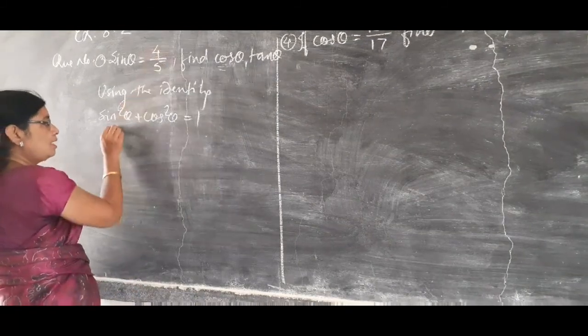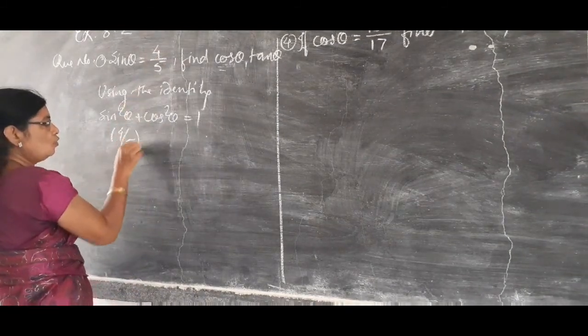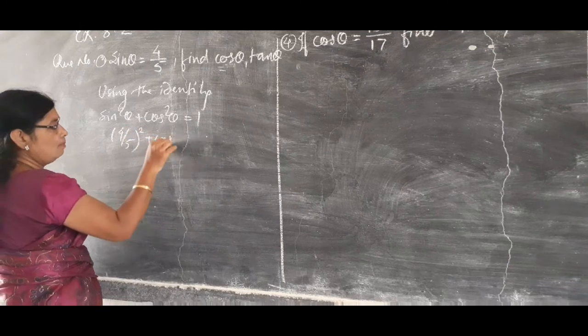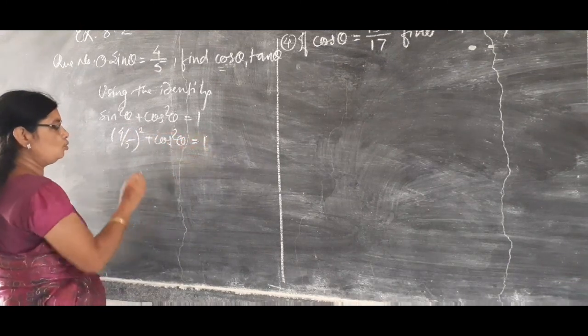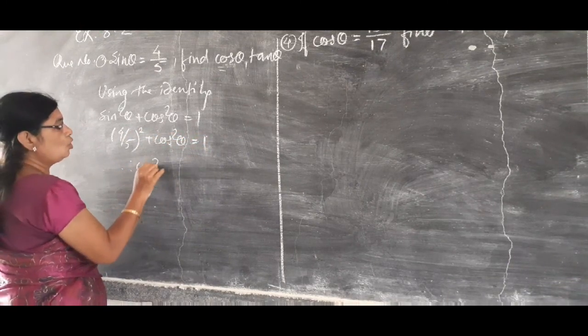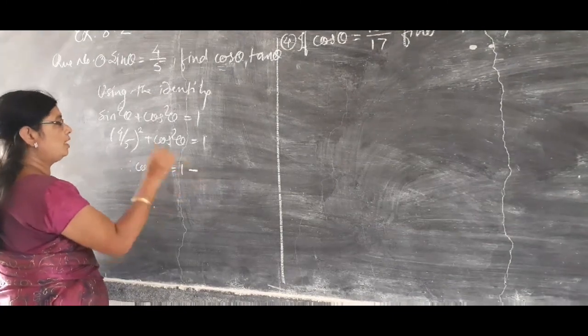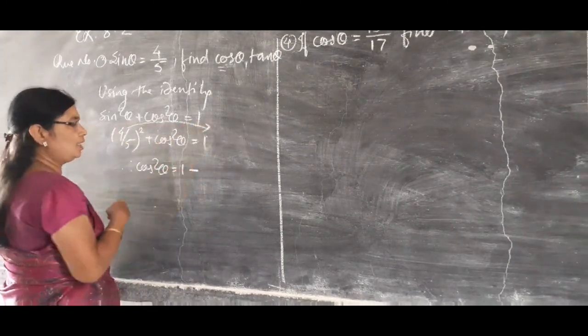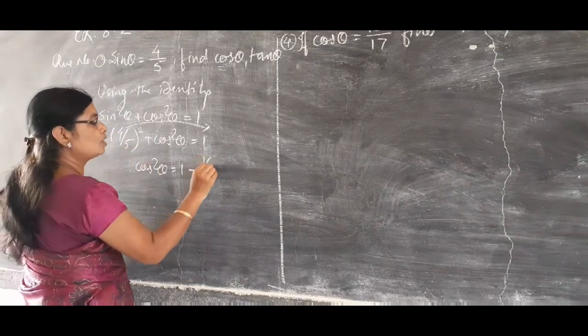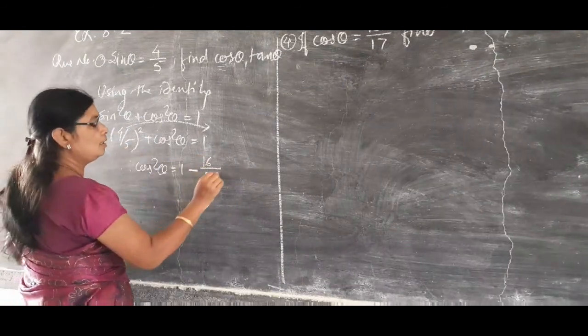Now sin square theta means (4/5) square plus cos square theta is equal to 1. And therefore cos square theta is equal to 1 minus (4/5) square. Take it to the right side: 4 square is 16, 5 square is 25.